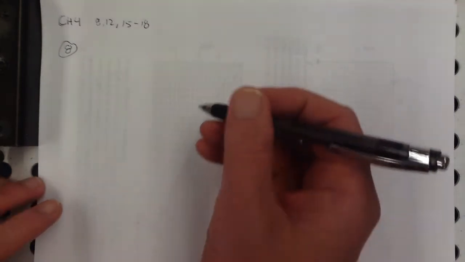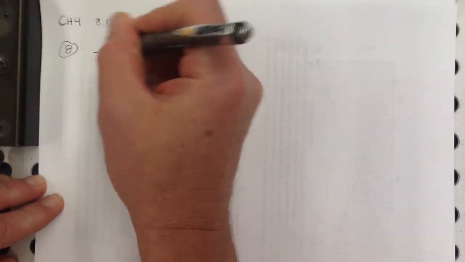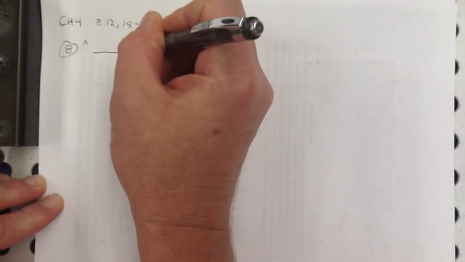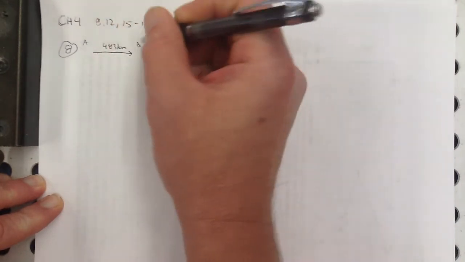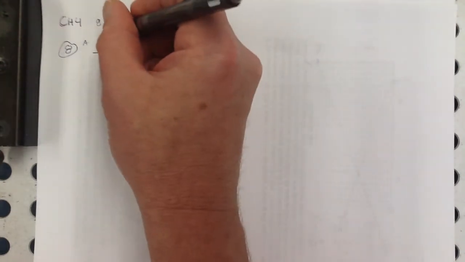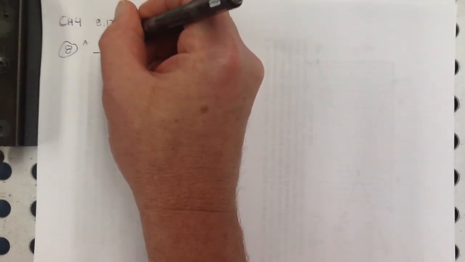Number 8. We got a plane flying 483 kilometers east from city A to B, and then, in 45 minutes. That's 3/4 of an hour.